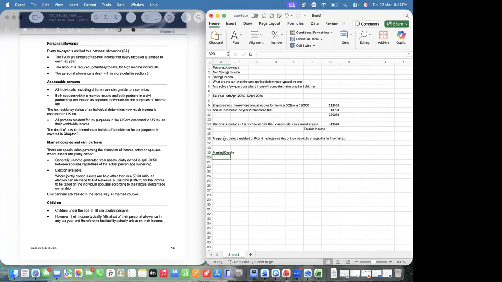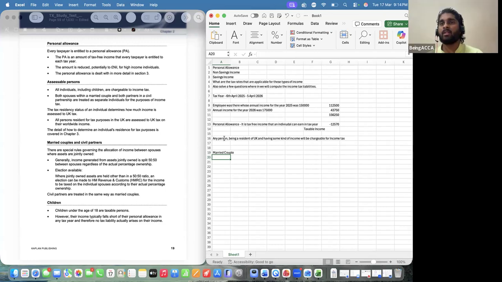So what happens when they have a joint bank account? Who should be liable? Under whom should we give the income? Should we give both of them 100% of the income? Let's say there's a joint savings account between the couple, and you have received 100,000 as interest.